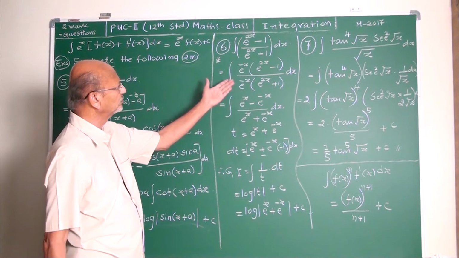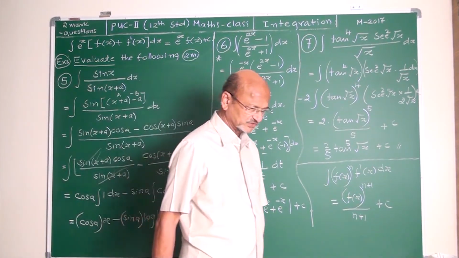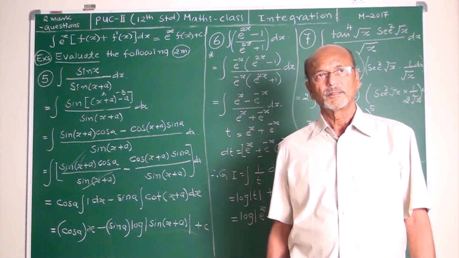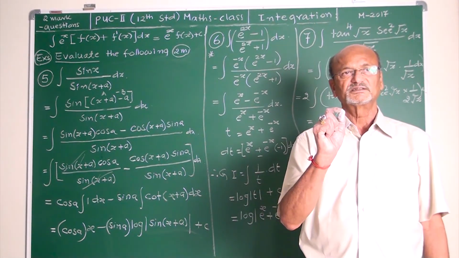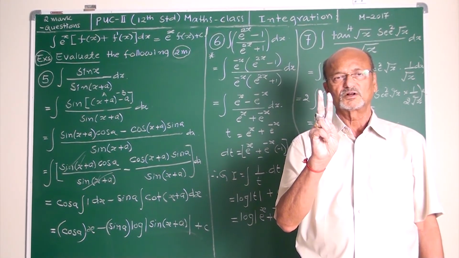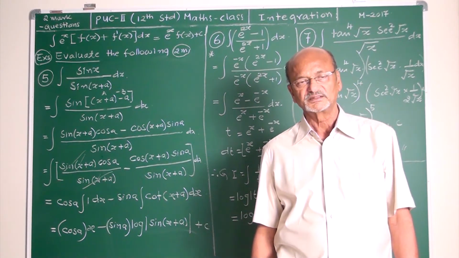But these are strictly 2 mark questions, my friend. Simple examples. With this, I can say these are some selected examples on integration under 2 mark questions, to the point of exam.